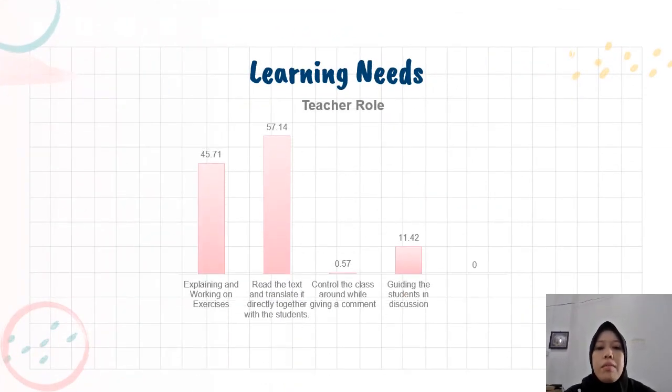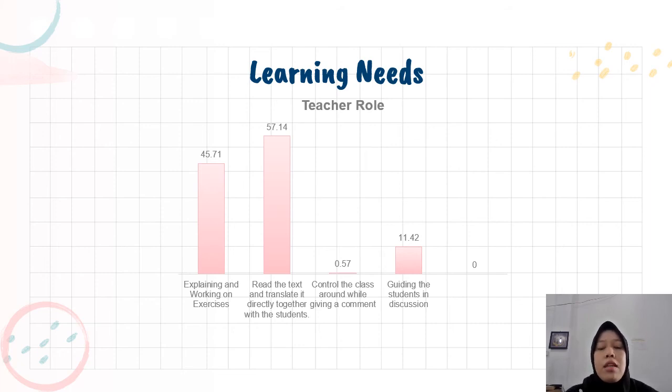The next, teacher role. The students expected that the teacher can read the text and translate it directly together with the students. And the next, the teacher explains and works on exercises, and students also expected that the teacher guides the students in discussion.